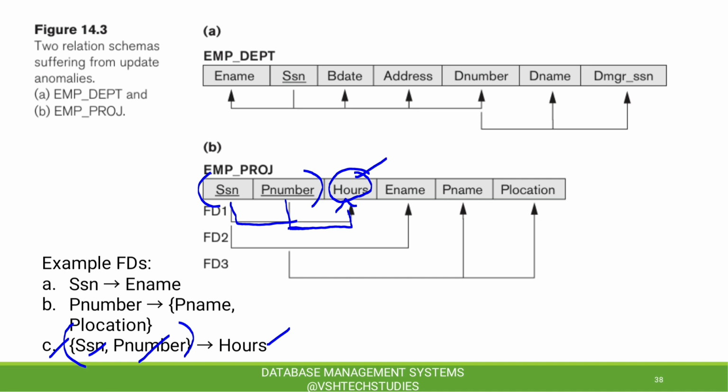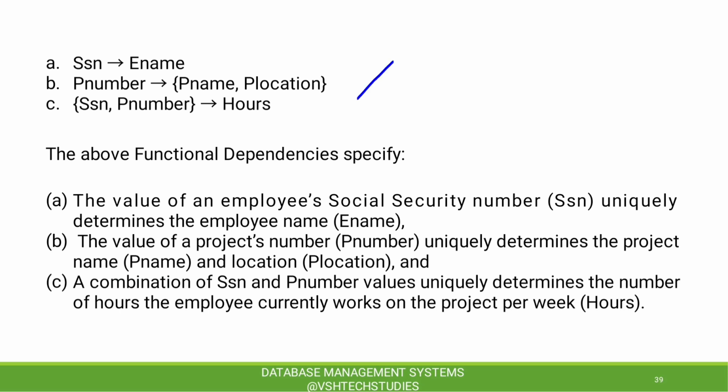So the above functional dependencies specify that the value of employee social security number uniquely determines the employee name. That is this functional dependency. The value of a project number, that is P number, uniquely determines the project name, that is P name, and location, that is P location.